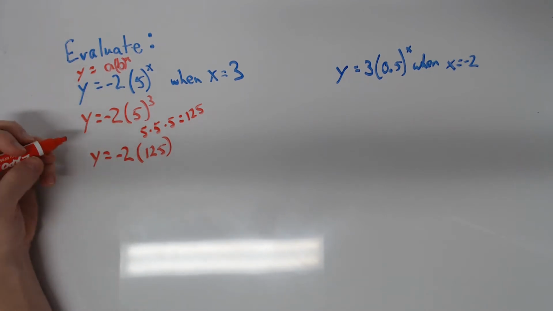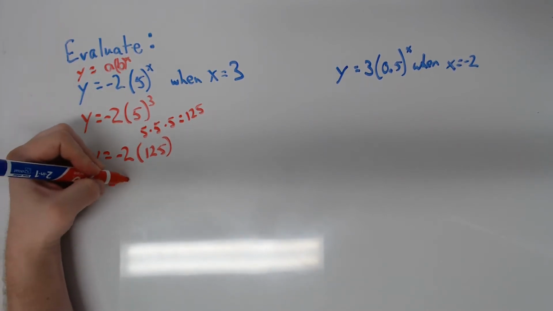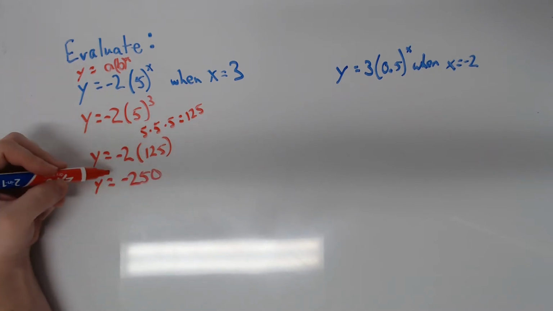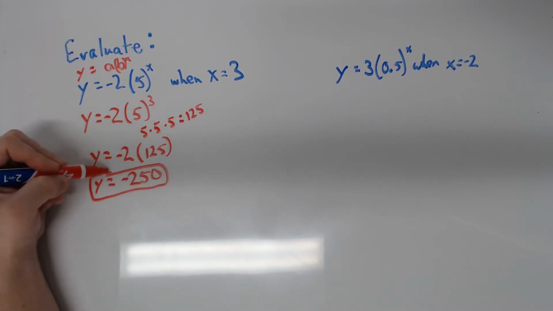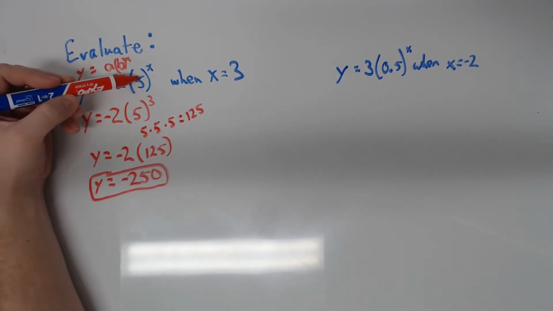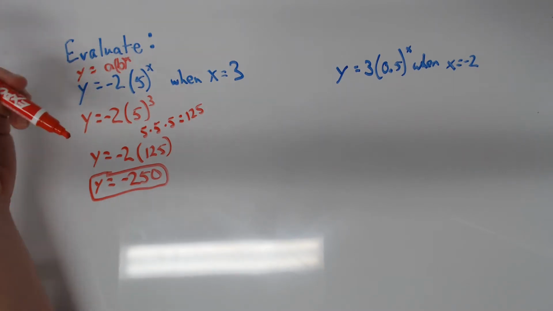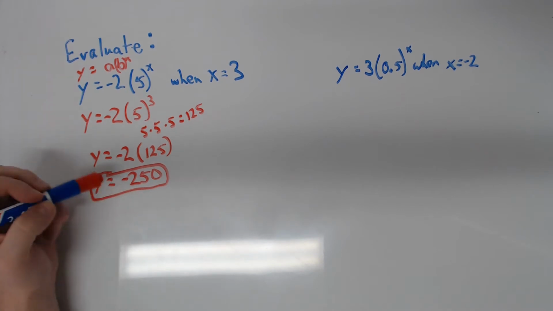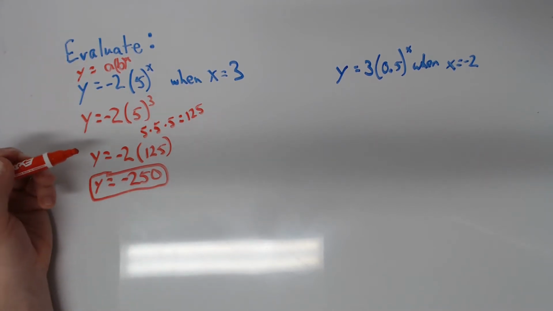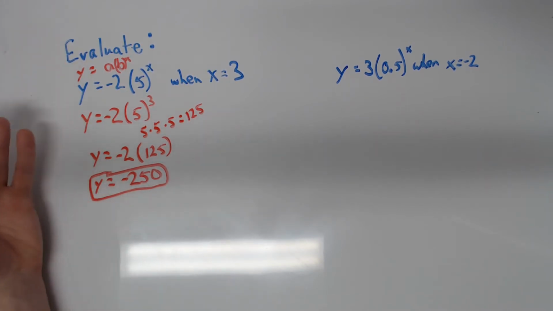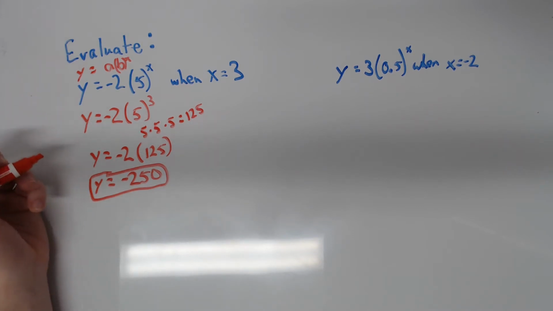Negative 2 times 125 is negative 250. If I multiply first, I get negative 10. Then negative 10 cubed is going to get me negative 1,000. Obviously much different than negative 250. So the way to know you're right is if you're correctly following order of operations, exponents before multiplying. Do your exponent part first.